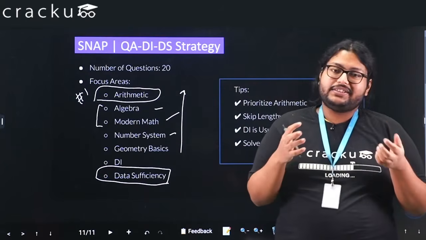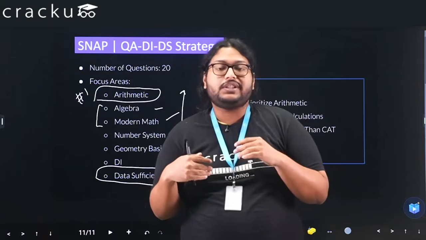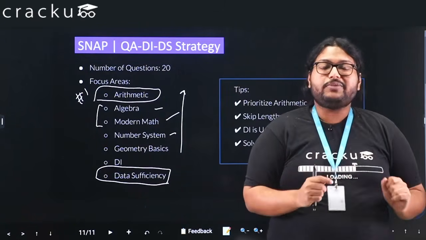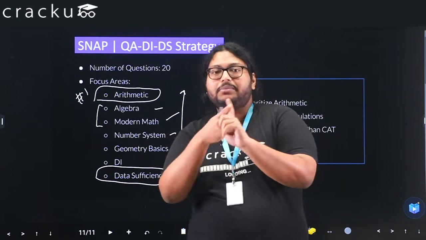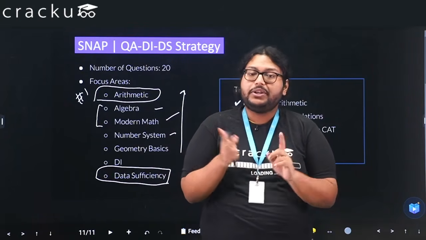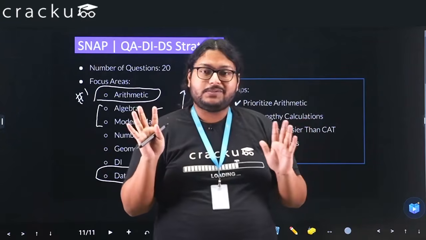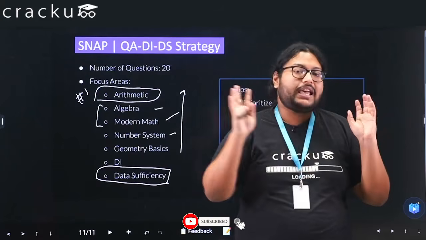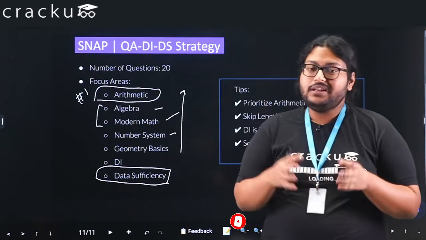What these questions ask is, they will give us a problem and then give us 2 statements, and we need to figure out if we can solve the problem using one of these 2 statements. It can be that statement 1 alone is sufficient, or statement 2 alone is sufficient, or both statements together are required to solve this particular math problem, or even after using both statements I am unable to solve. So these are the data sufficiency questions.